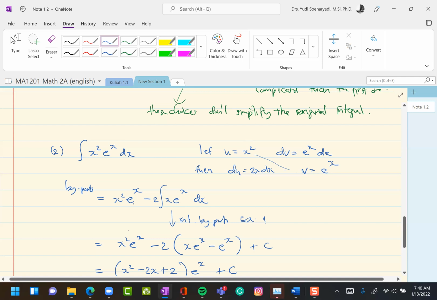And then this combination, v du. The du here is 2x dx, times e to the x. So the 2 is actually inside the integral, but we factored it out. Oh, okay, I get it. Thank you, sir.